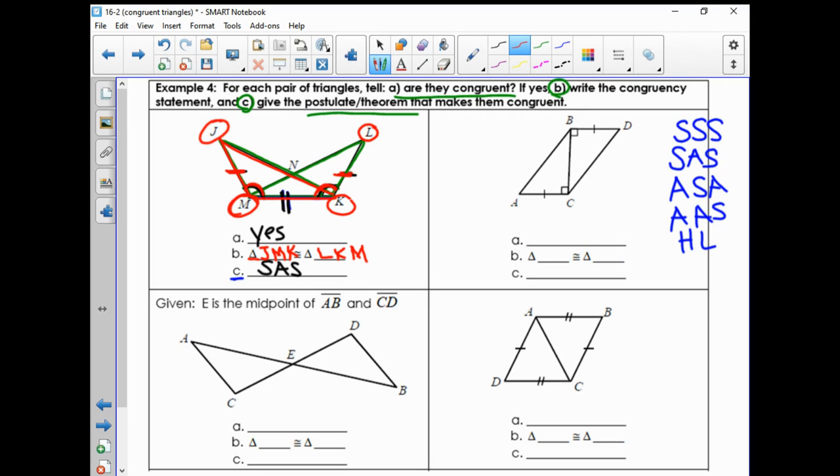All right, let's look at this next one. Again, they've given us a reflexive line. Notice that that line right here between B and C is shared between both of those triangles. Now, most of the time when people see this, they look at a right angle right there, and they think it's hypotenuse leg. But remember, with the hypotenuse leg, you've got to have the hypotenuse, which is the side across from your right angle. And we know nothing about the hypotenuse.